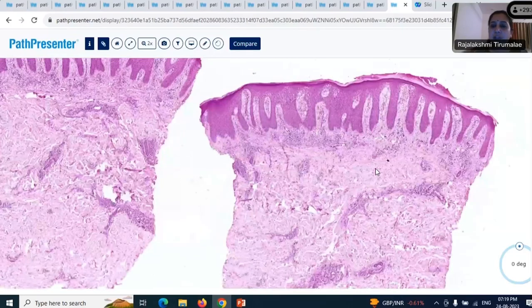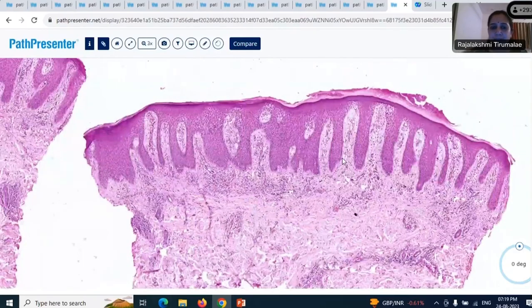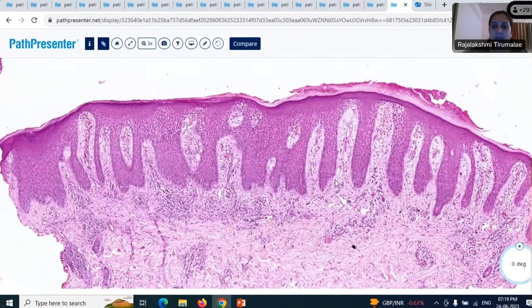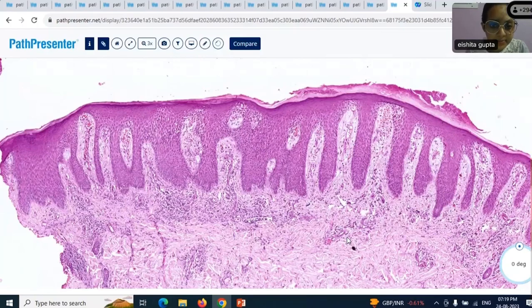And what is the epidermal change here? Elongation of rete ridges. Yes. And we can see the vessels in between the ridges are dilated. Okay. So when we talk about elongation of rete pegs or rete ridges, is there anything else that you notice about them?